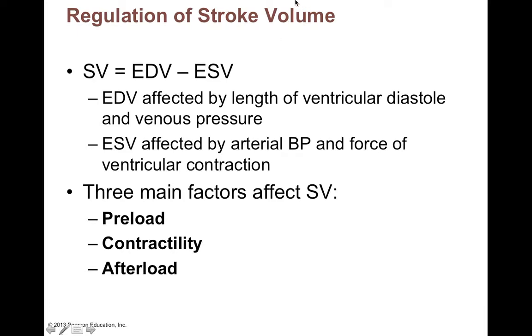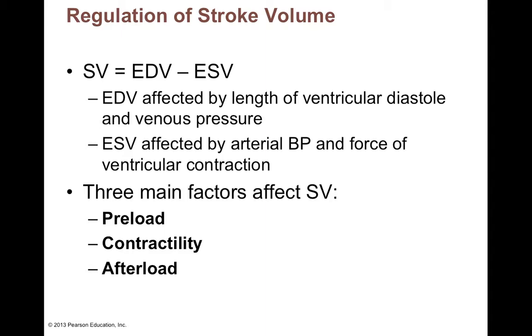Okay, so for stroke volume, remember we said that stroke volume was EDV minus ESV, and that kind of makes sense, because remember, cardiac output, I'll use the whiteboard here, so cardiac output is heart rate times stroke volume, right? So stroke volume, though, is end diastolic volume minus end systolic volume, so EDV minus ESV.